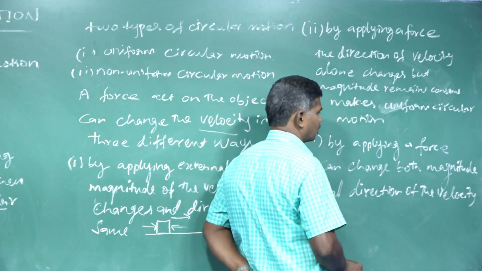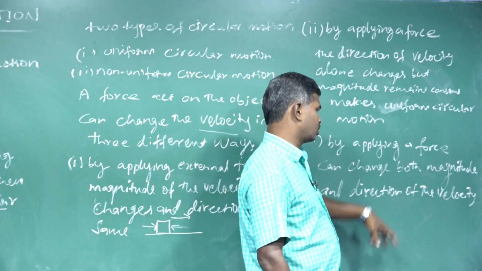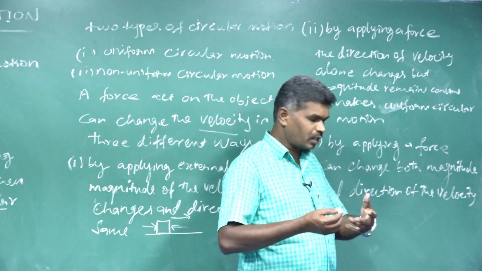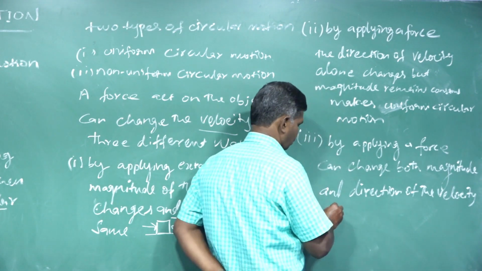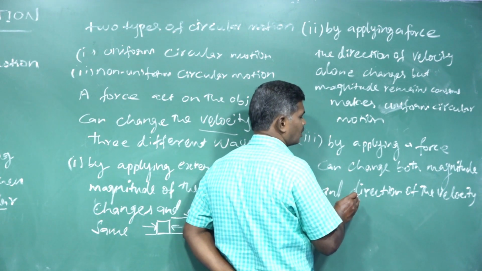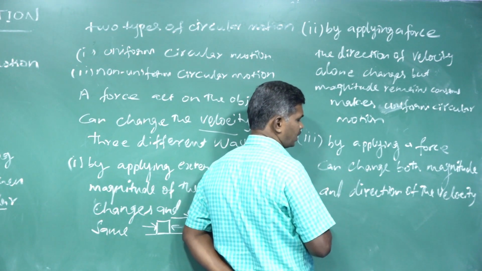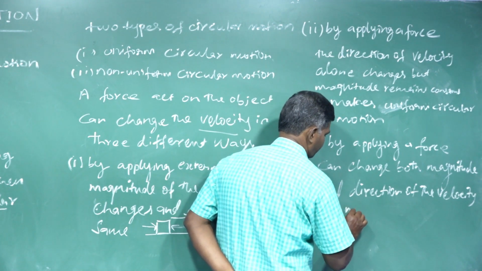So both components of the velocity change by the force, and at that time the particle makes non-uniform circular motion. If you apply the force continuously to change both magnitude and direction, the particle makes non-uniform circular motion.